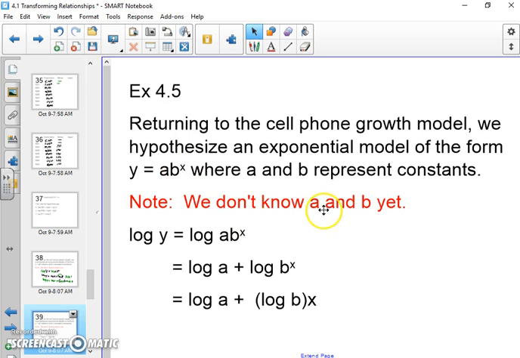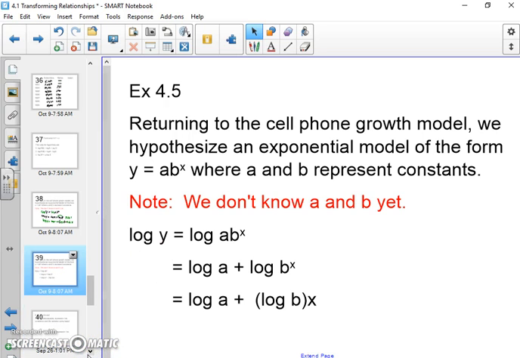Now we don't know what a and b are, but those are basically going to be the log of a and log of b at some point. Those are going to be our intercept and our slope. So this looks similar to y hat equals a plus bx. It's just slightly different. It's very much like the chapter before. The only difference now is we're applying some function to our pre-existing work.